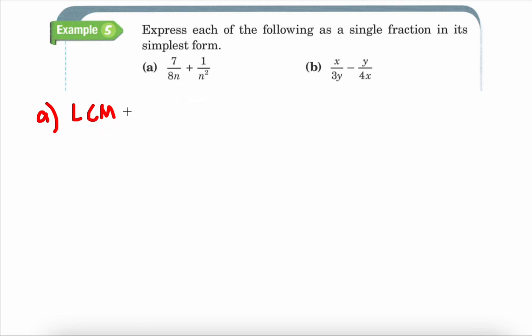So in order to get them to the same multiple, the least common multiple, I'll need to take a look at what they each have, right? So for the first fraction's denominator, I have 8 times n. And for the second one, I have n times n, essentially, right? Because it is n squared.